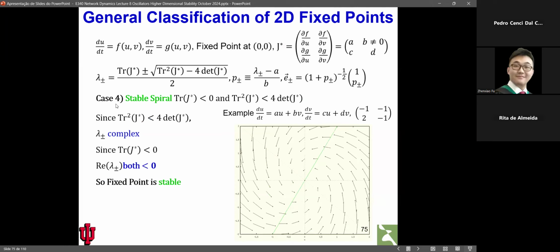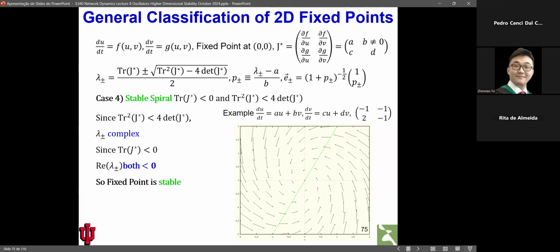And you can have a spiral if you have the stable spiral. If you have the trace less than 0 and the trace squared less than 4 times the determinant, then you are going to have a complex number as the solution of this square root, right?